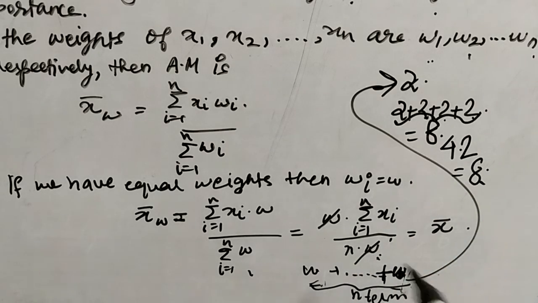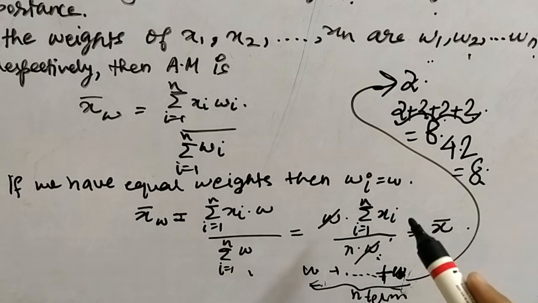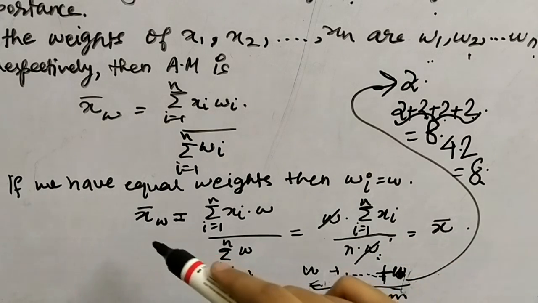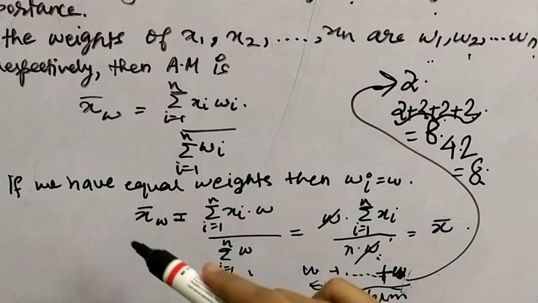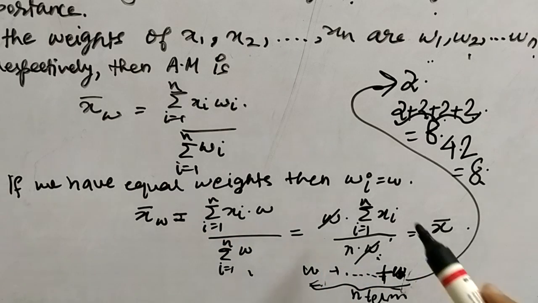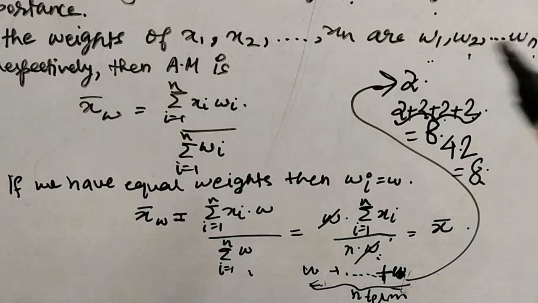Okay, so whenever we are taking equal weights, you can see we are getting the weighted arithmetic mean equal to the arithmetic mean. So the arithmetic mean is just a special case of the weighted arithmetic mean.